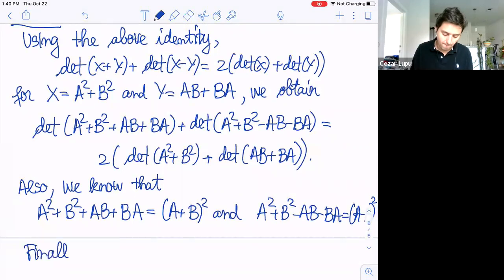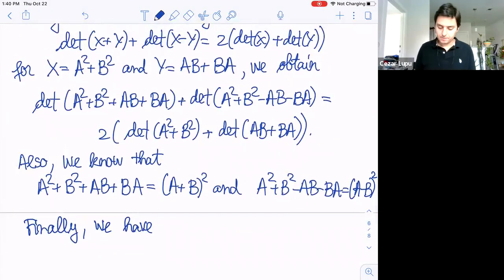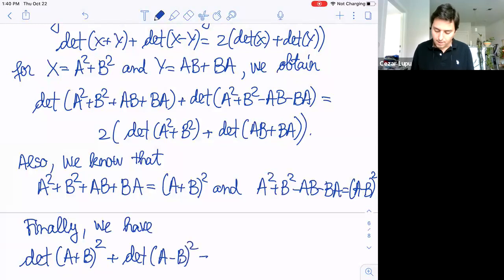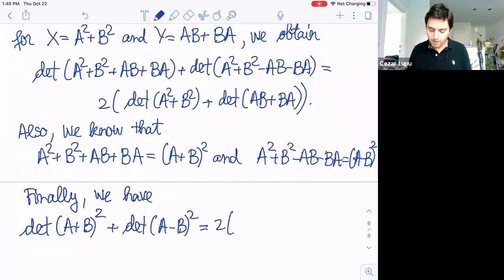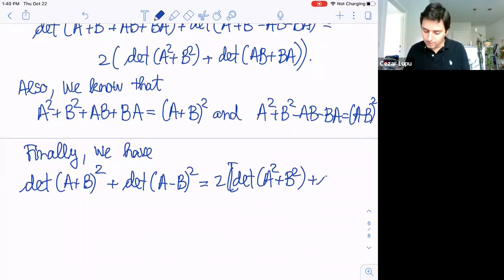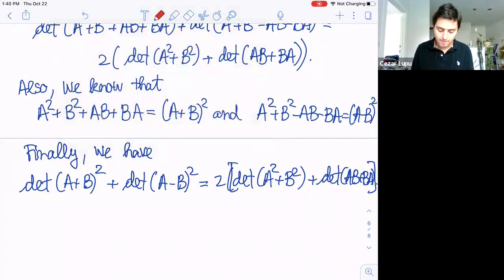Finally, we will have that the determinant of (A plus B) squared plus the determinant of (A minus B) squared is nothing else than 2 times the determinant of A squared plus B squared plus the determinant of AB plus BA. So we have this identity in general. This is what we obtained.